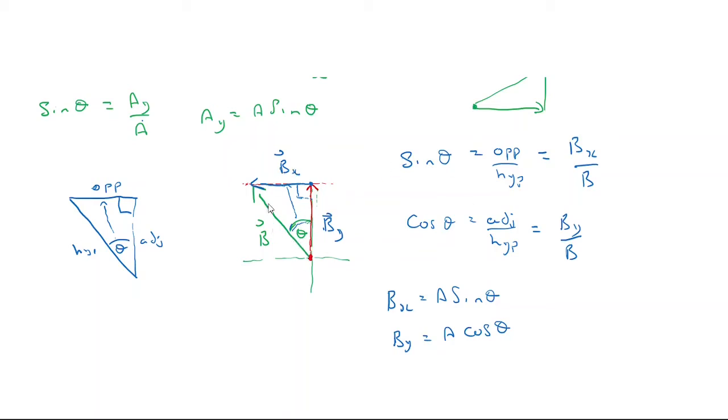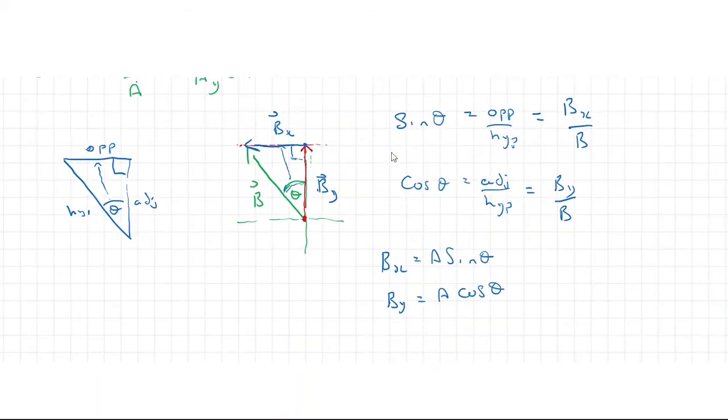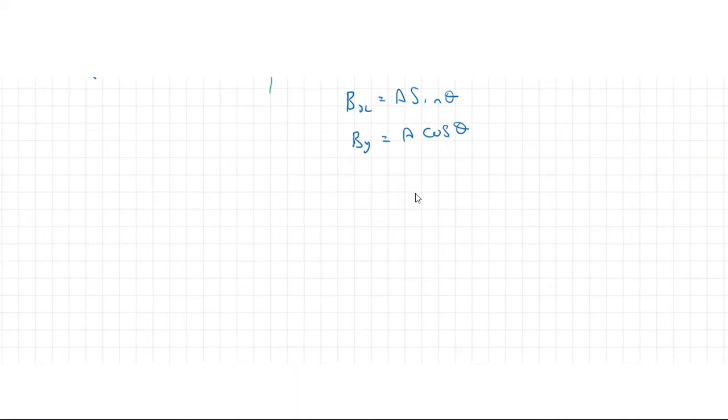Now let's see, how can I represent these vectors using the x and the y? Maybe I will make a simple example, start with the simple case, and then we'll build on that. The simple case being, let's use the same vector a, but now let's give it a magnitude.